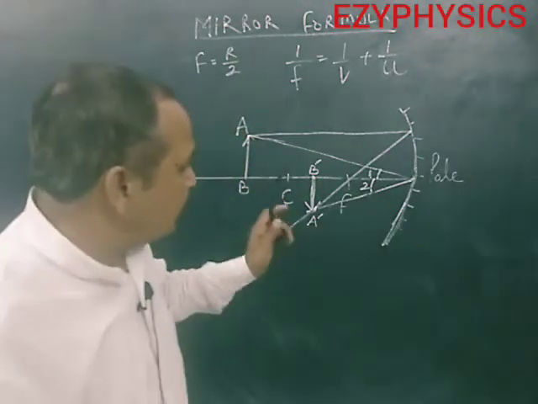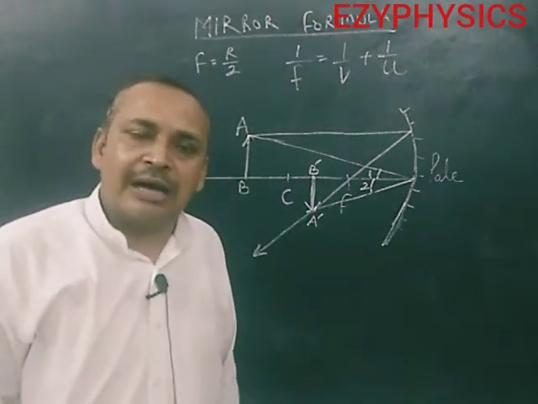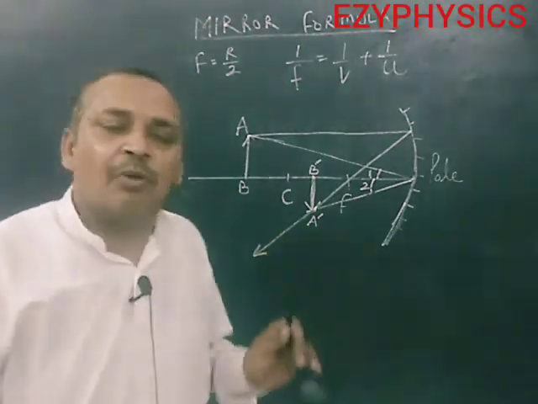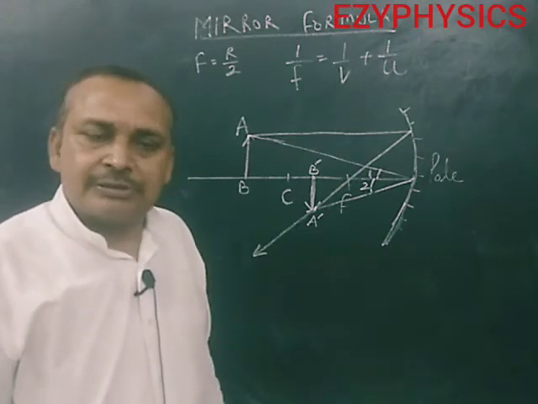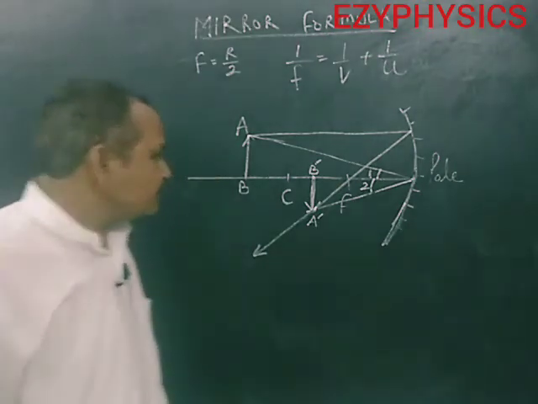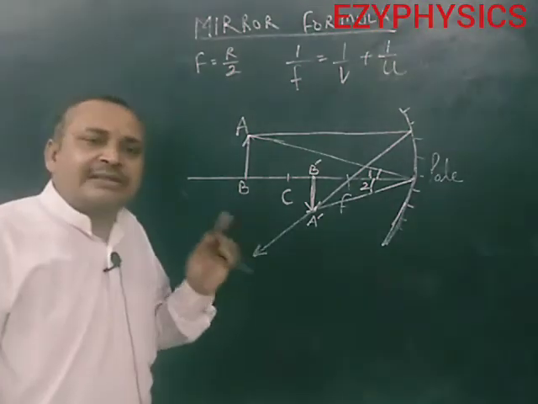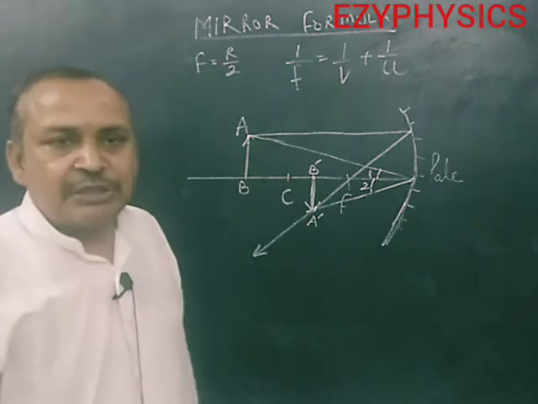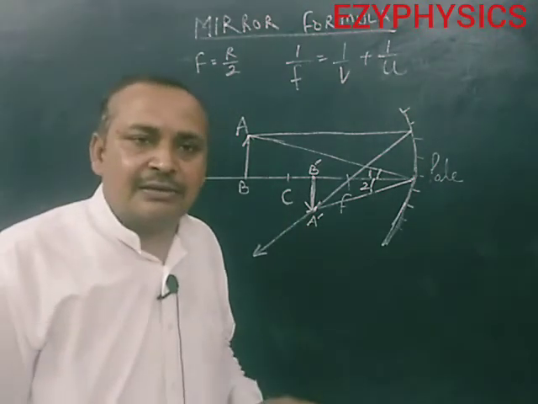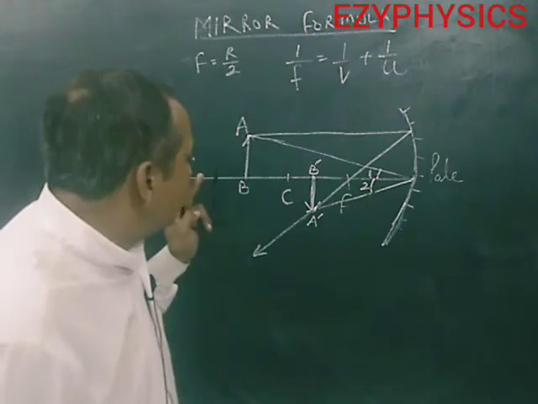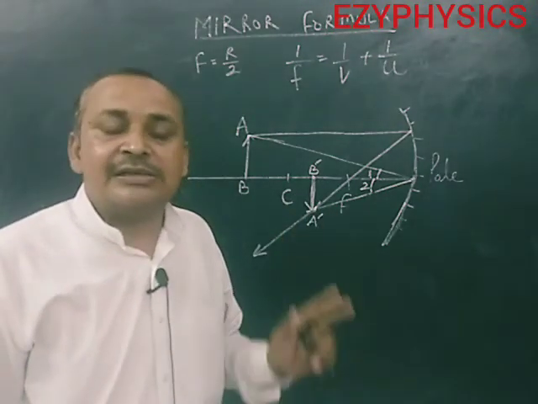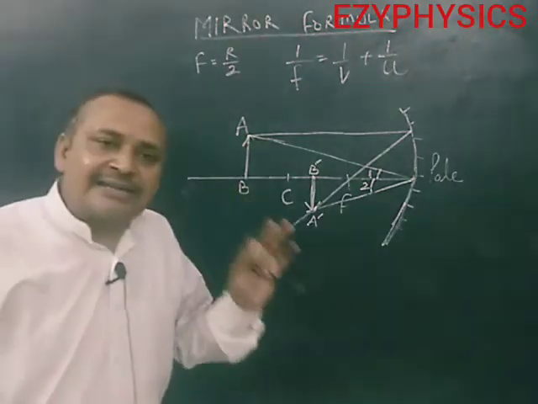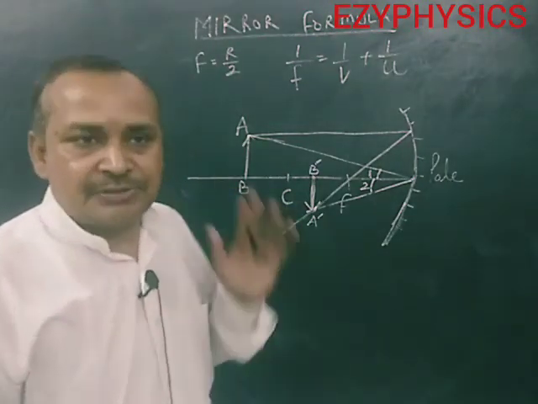I hope till this point all are having clarity and there is no doubt about that. Any doubt? Okay. So once we are able to make this diagram, now we will select two pairs of triangles and try to make them similar, such that both the triangles have either the object or the image.